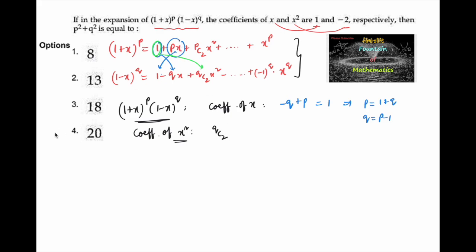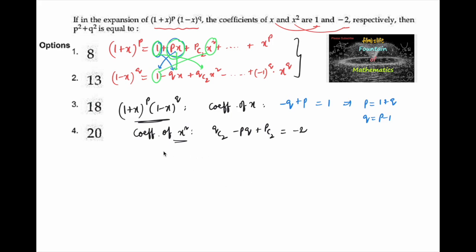The x term must be multiplied with the x term again, so we can write p into negative q, that is minus pq. And the x square term should be multiplied with the constant, so we can write pC2. So qC2 minus pq plus pC2, which is given to be minus 2.